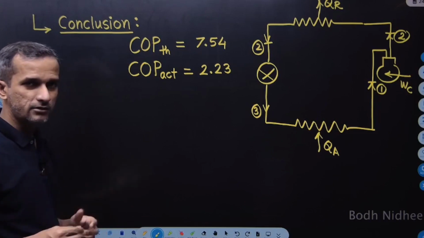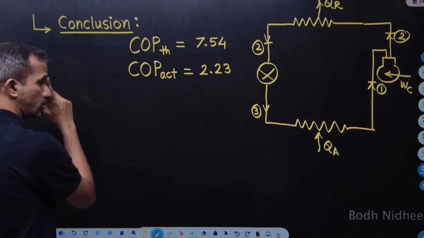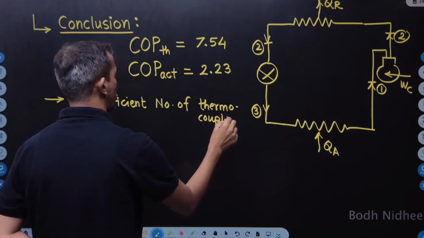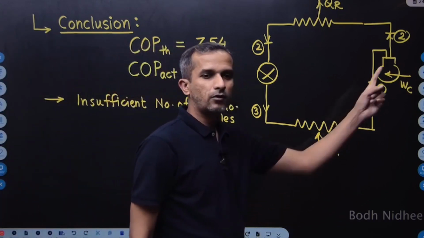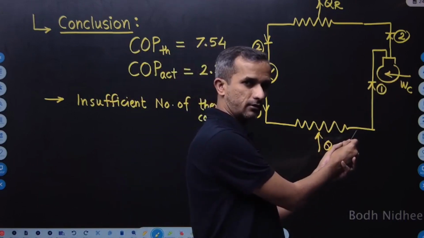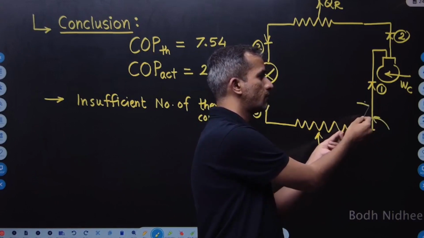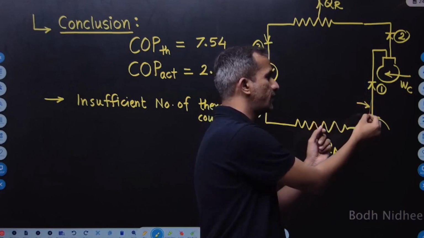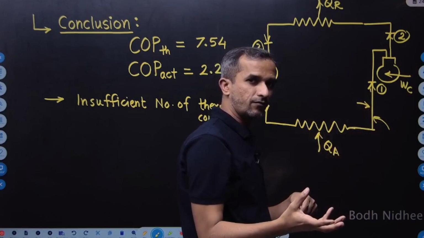There are certain reasons. The first one is we have mounted thermocouples at different locations, but that is an insufficient number of thermocouples. If I mount one thermocouple between evaporator and compressor, that is not sufficient, because once the vapors come out of the evaporator coil, they absorb heat from the atmosphere as well, right? And if I mount a thermocouple here, the heat absorbed from here to here is absorbed outside the evaporator, which we are counting as a cooling effect.